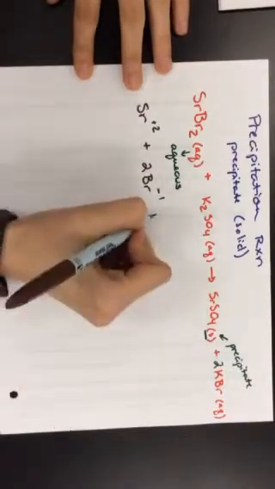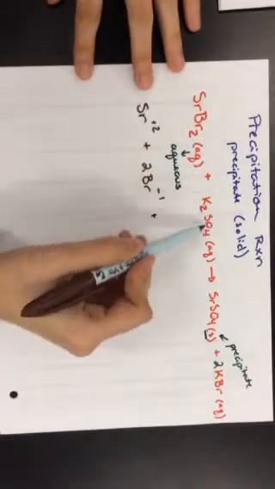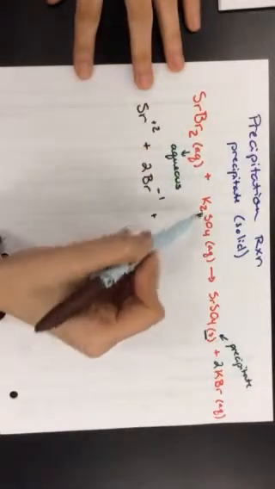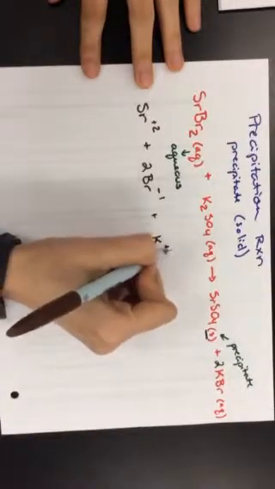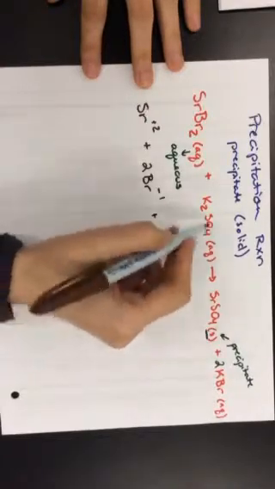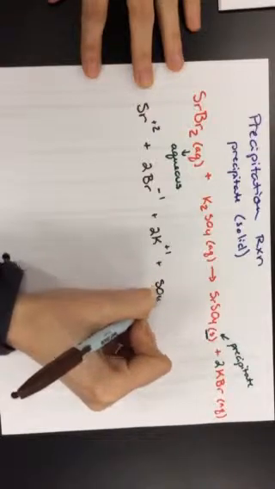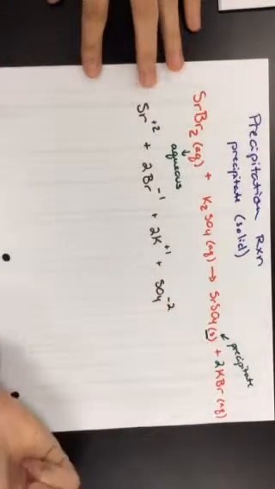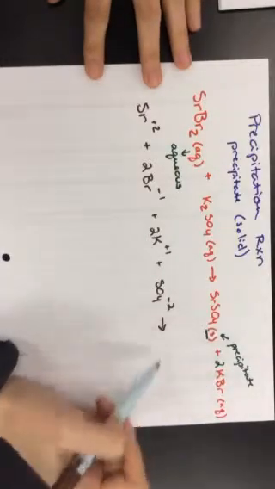Okay? Plus, now this has dissociated, but since potassium sulfate is also aqueous, this is also going to dissociate. Potassium has a +1 charge. Notice there are 2 of them. And sulfate has a -2 charge. So SO4 has a -2 charge. And that yields these products.